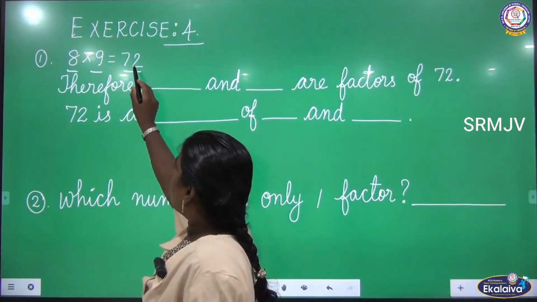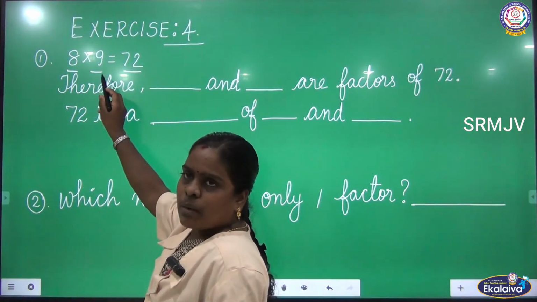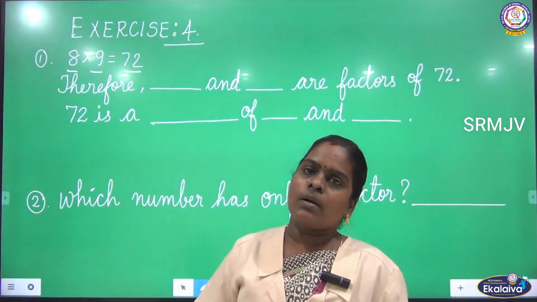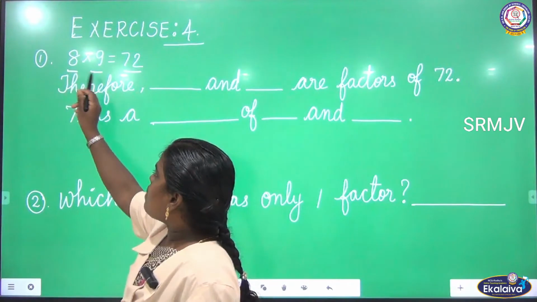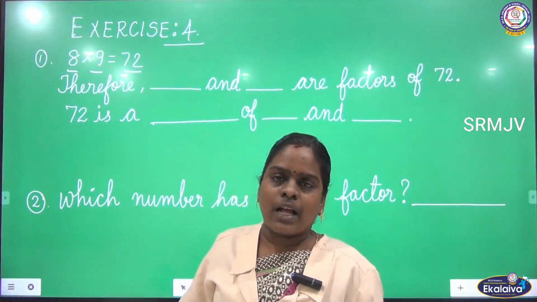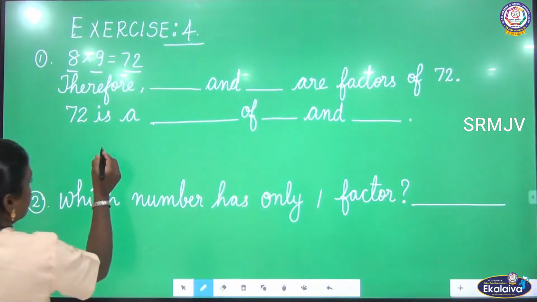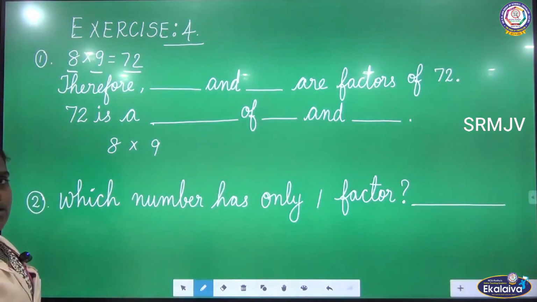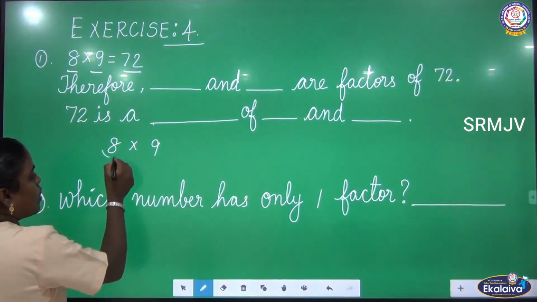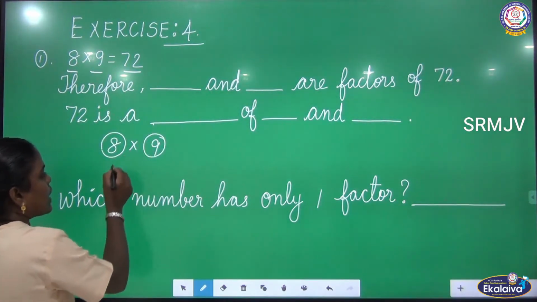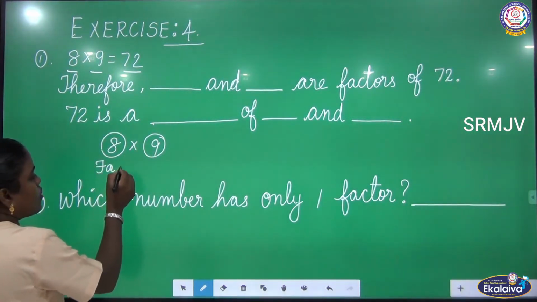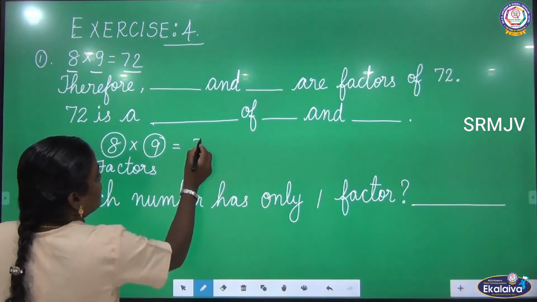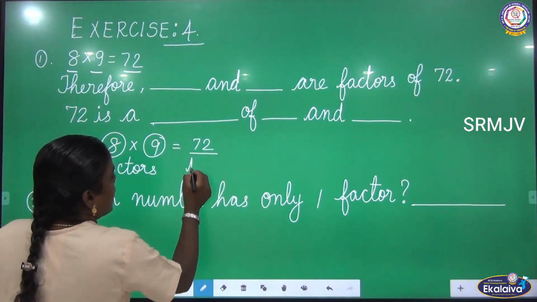I have told you that when you multiply numbers, you will get the product, and the product is called a multiple. And the numbers which you are multiplying are called the factors. So here we are multiplying the numbers 8 and 9. So what do we call them? Yes, 8 and 9 are called factors, and the product 72 is called a multiple.